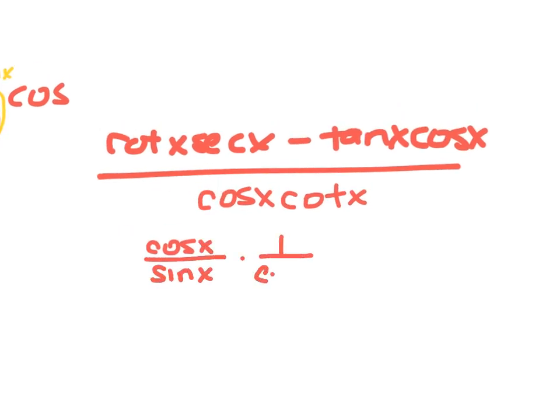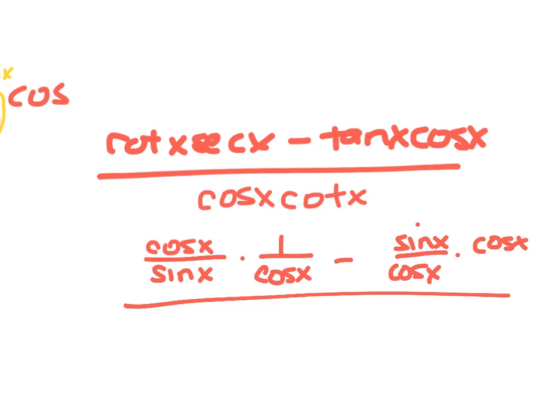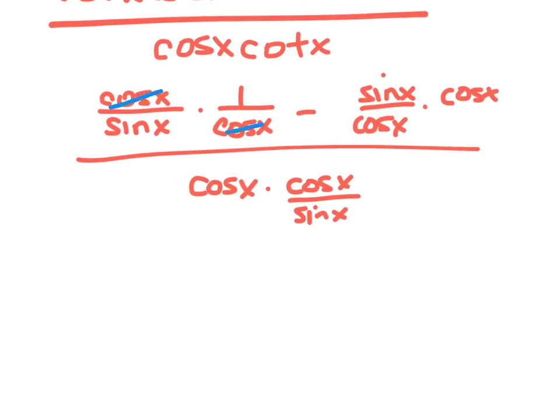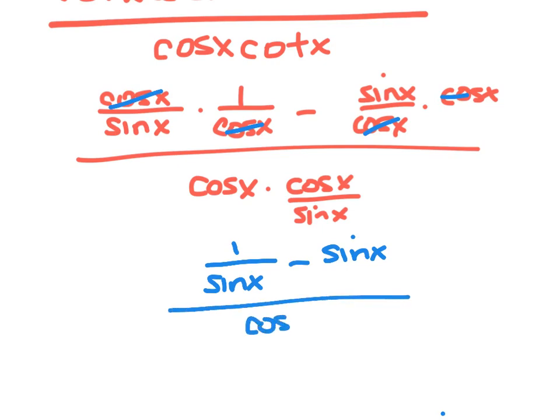Secant is 1 over cosine x. Minus tangent is sine x over cosine x times cosine x. All over cosine x times cosine x over sine x. So then these cancel, and I get 1 over sine x. These cancel, minus sine x over cosine squared x over sine.